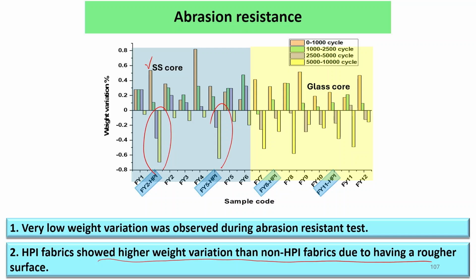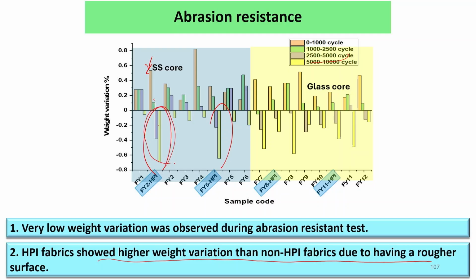Here there is no weight variation. 1000 to 2500 cycle, there is high weight variation here, then after that it is lower variation, then 2500 to 5000 and 5000 to 10,000 there is a negative weight variation.